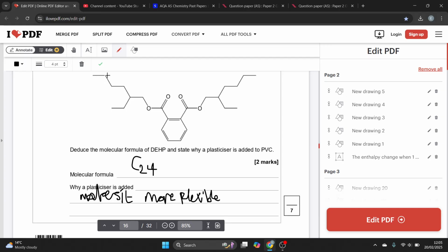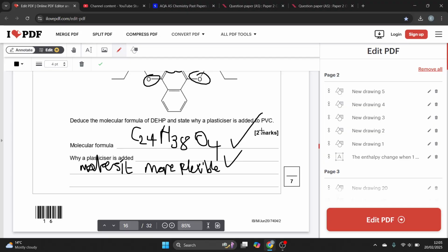Perfect. C24H, count the hydrogens, H38, and the O, how many oxygens are there? 1, 2, 3, 4. C24H38O4. Plasticiser added makes it more flexible.